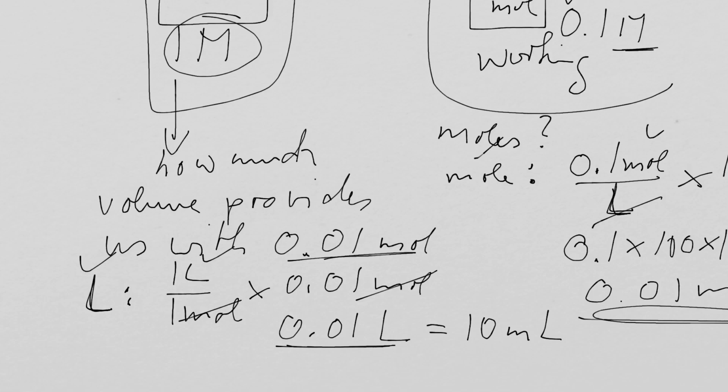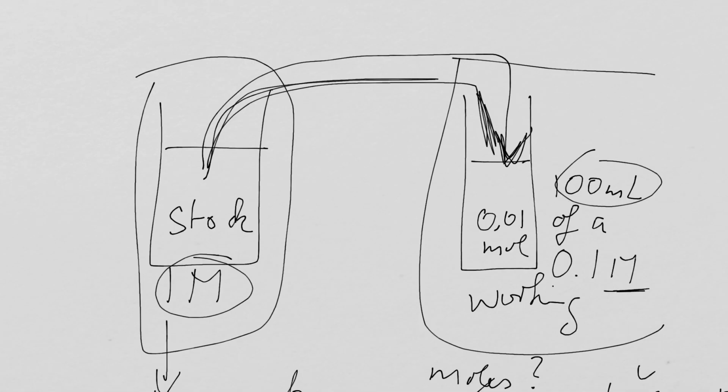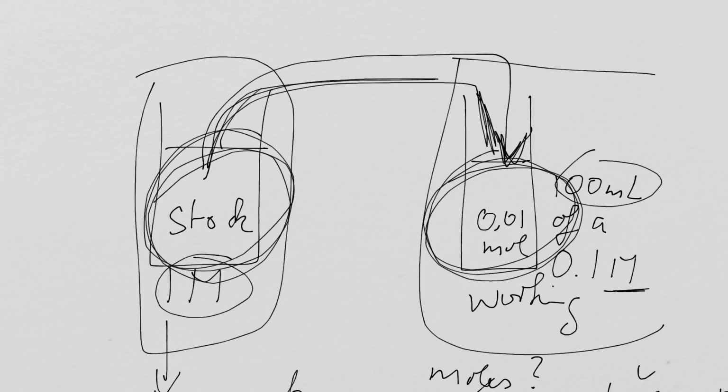So what we basically have calculated is, first step, how many moles do we need here? How many moles do we want? And then we calculated in the second step, what is the volume that gives us exactly this amount of moles? Yeah?